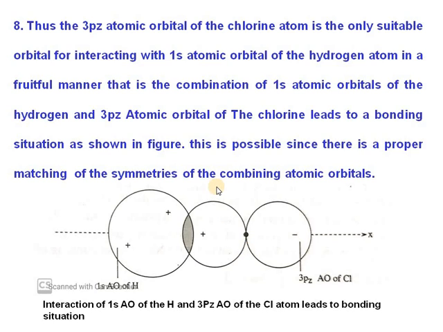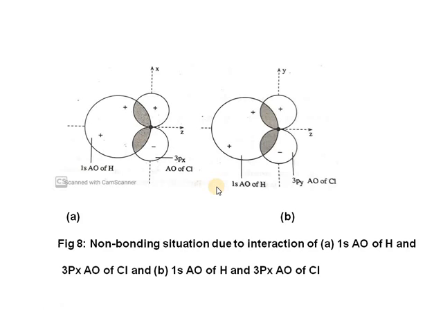But in the 3px and 3py atomic orbitals, we observe that such bonding is not possible because the symmetry is different, right? It is circular symmetric, and also vertical symmetric.